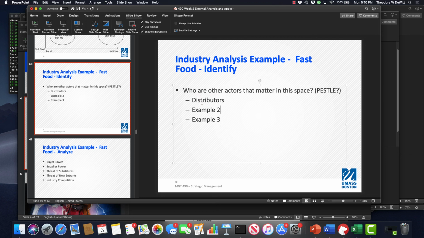Distributors, okay. Consumers do matter. Consumer tastes especially. You got all this Beyond Meat stuff happening. All right, what else? Government. How so? Regulation. Absolutely. Taxes. Who else?